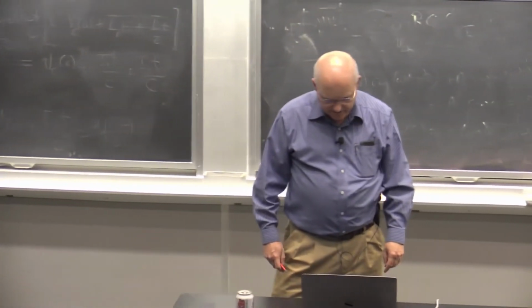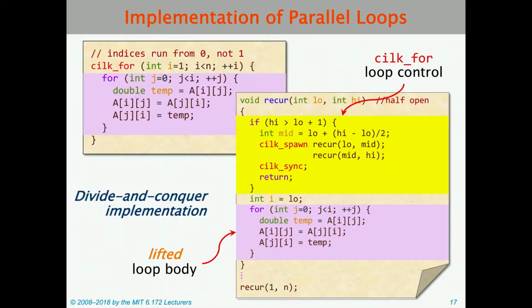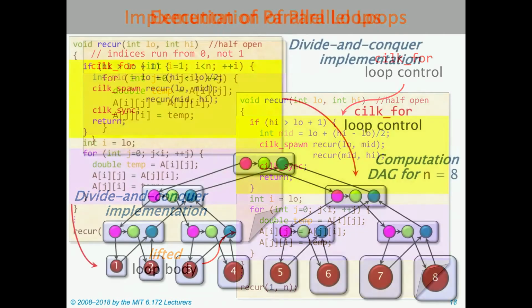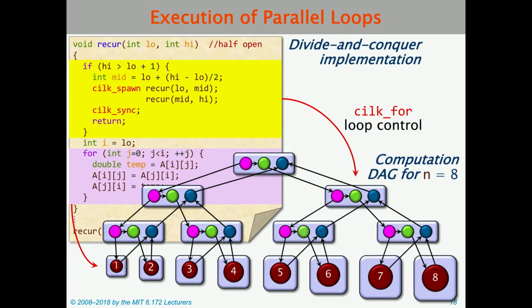So basically it's got this control on top of it. And if I take a look at what's going on in the control, it looks something like this. Okay? So this is using the DAG model that we saw before. And now what I have here highlighted is the control. And then down below in the purple, I have the lifted body.